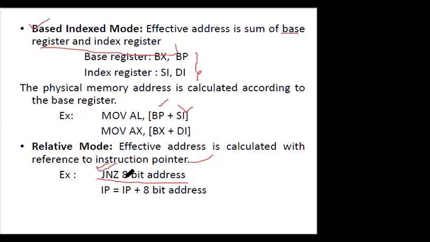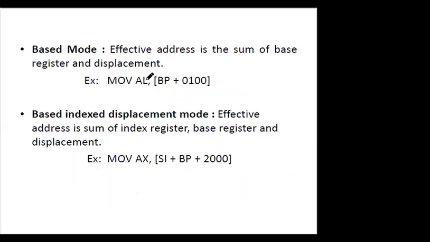If an address location has been provided which is 8 bits away, then it will switch over to that location. The instruction pointer in this case is IP equals IP plus the 8-bit address. Whatever the 8-bit address is, the instruction pointer will be updated by that 8-bit address. So this is just an updating method.